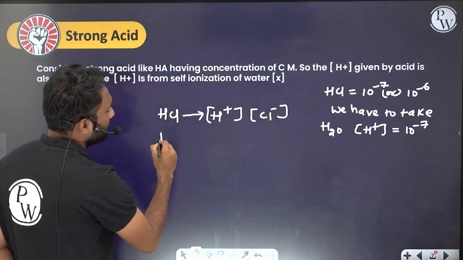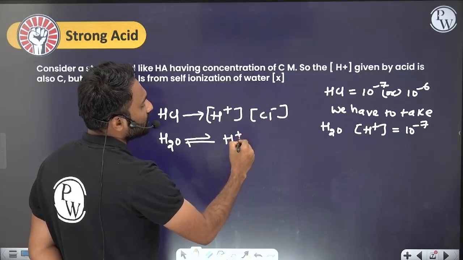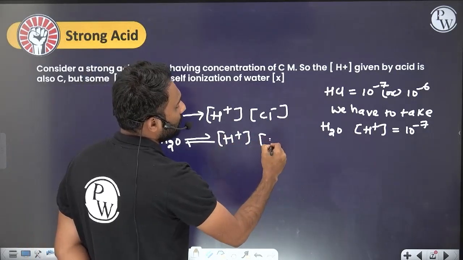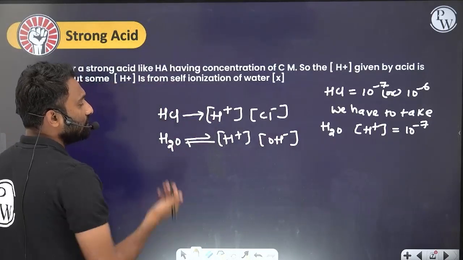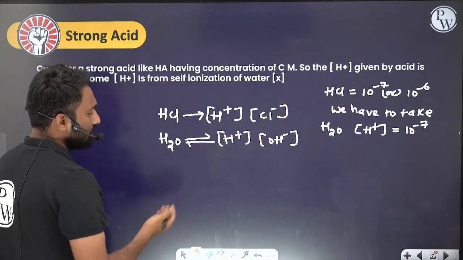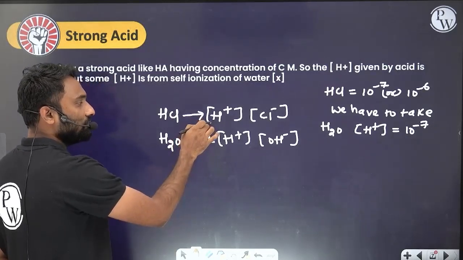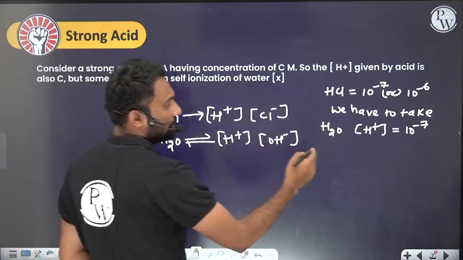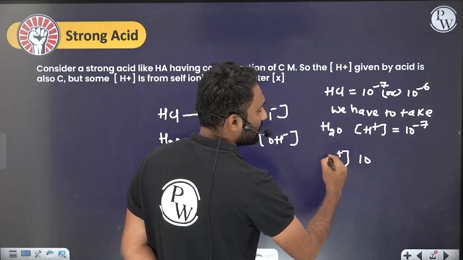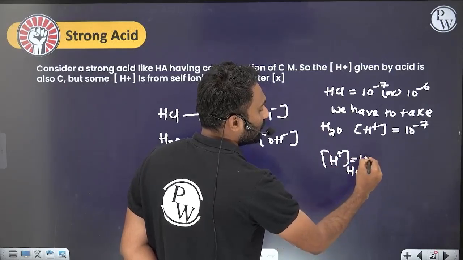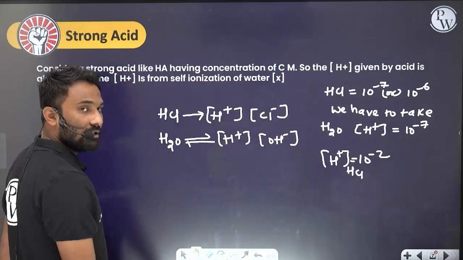Now the water will partially dissociate. It will also give H plus ion concentration and OH minus ion concentration. If the concentration of HCl is 10 to the power minus 7, we cannot neglect the concentration of the water. If the HCl concentration is 10 to the power minus 2, then we can neglect the water H plus ion concentration.